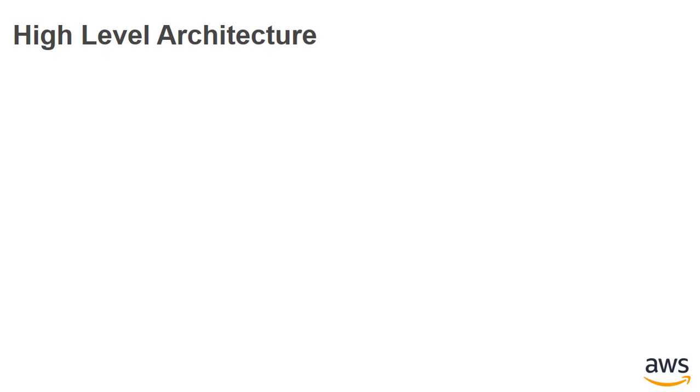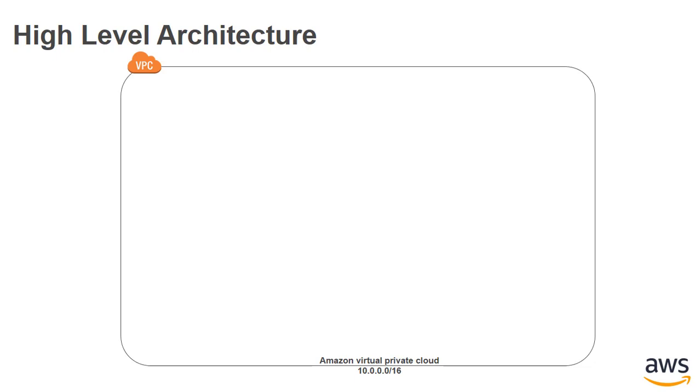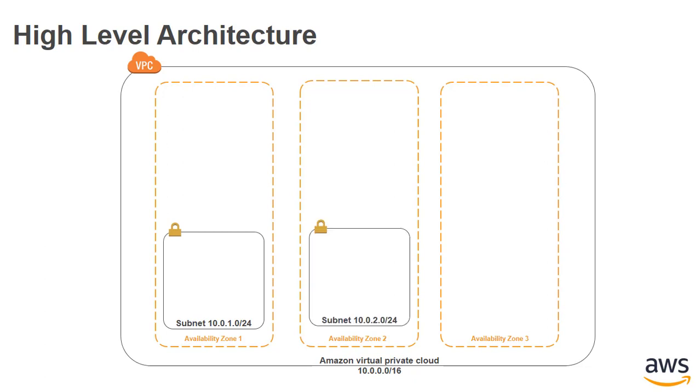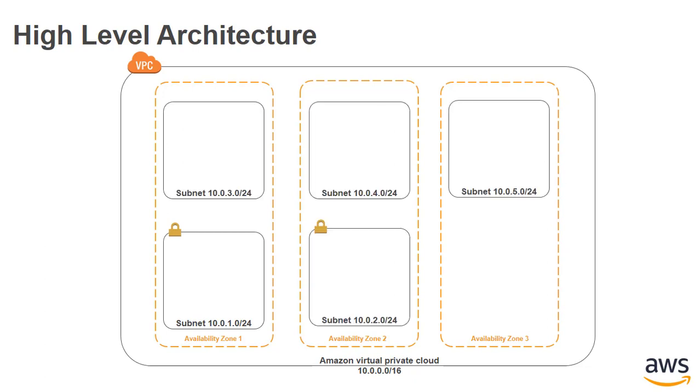What's the high-level architecture that we are going to create in this session? I'm going to create an Amazon Virtual Private Cloud in the CIDR block 10.0.0.0/16, and in 3 availability zones, I'm going to create 5 subnets: 2 private subnets and 3 public subnets.